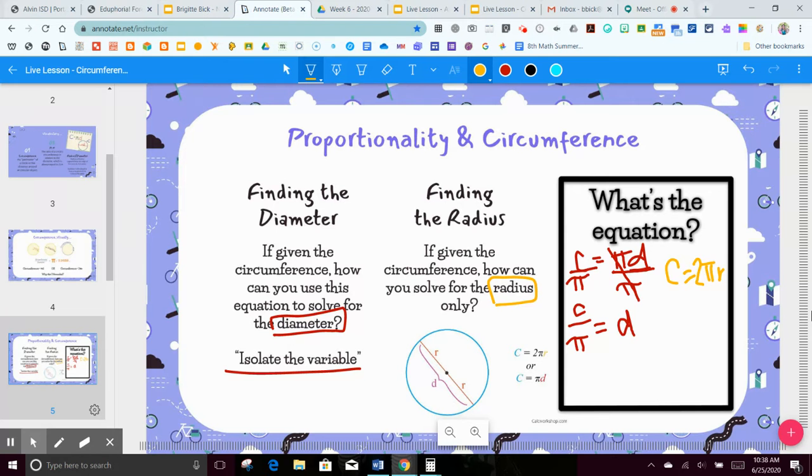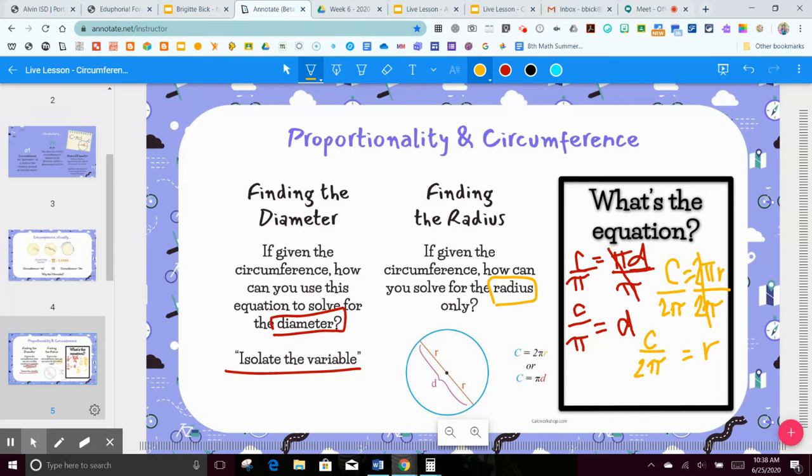Okay, so we're going to do the same thing we did last time. If 2 and pi are being multiplied by r, the inverse operation is to divide. And you can actually divide them at the same time. So we're going to take those to this side. What you do to one side, you have to do to the other. These equal 1, and then I have my radius is equal to circumference divided by 2 times pi.